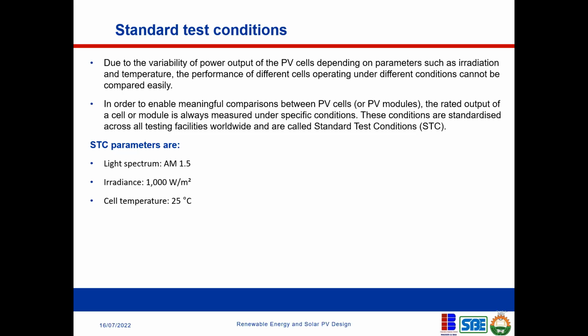What it means is that the voltage will increase, and as the voltage increases, you get more power. At that point, you'll be getting more power than the rated capacity of that panel, because that panel was tested at 25 degrees centigrade and you're now operating below 25 degrees centigrade. It is only in those conditions that the rated capacity of the panels can be exceeded.